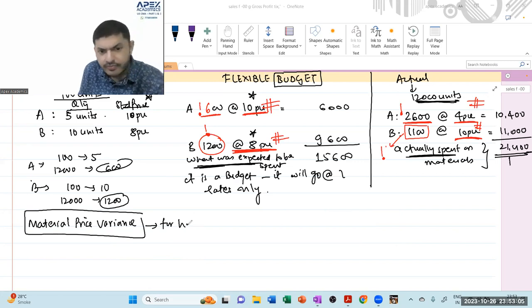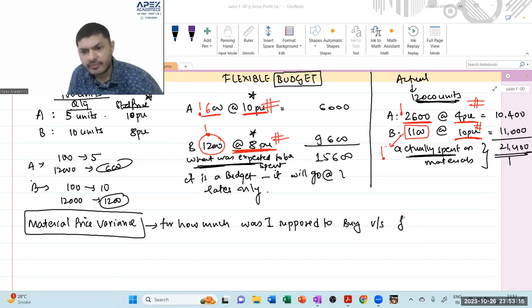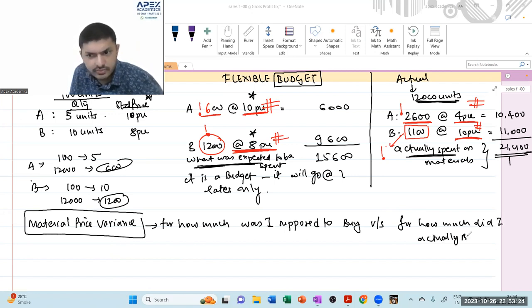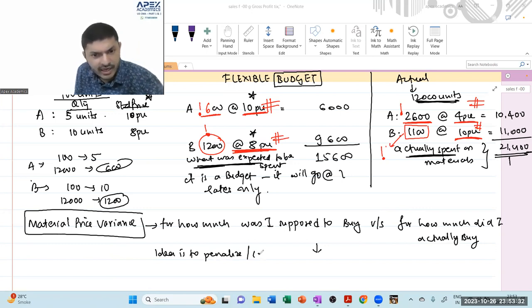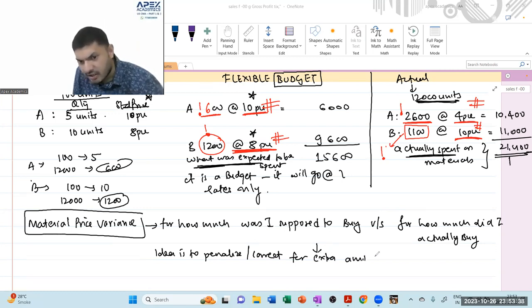For how much was I supposed to buy versus for how much did I actually buy? The idea is to penalize or correct for extra amount paid while actually purchasing.